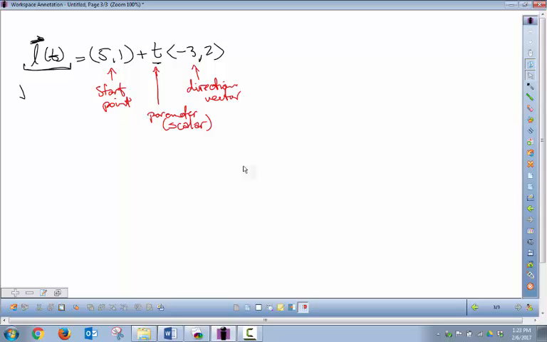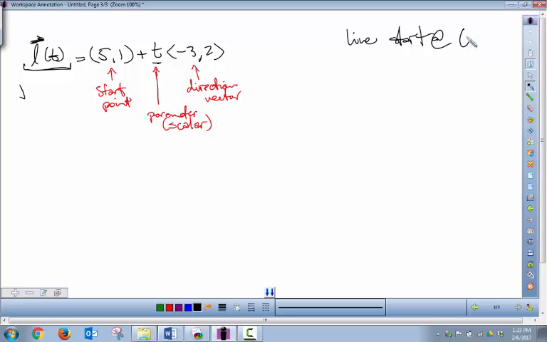And let's say this time we start at (2,3), in the direction, and let's say, instead of doing the subtraction, let's make it continue to go this way, (-3,2).